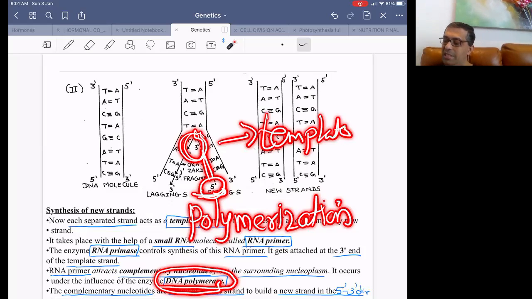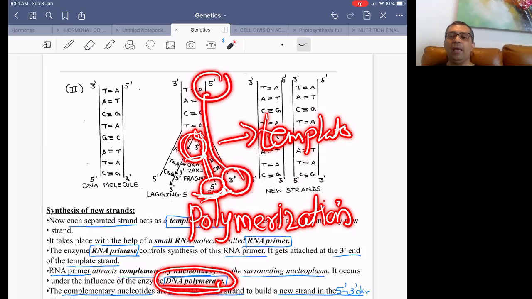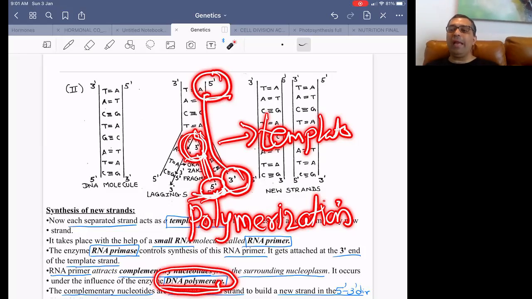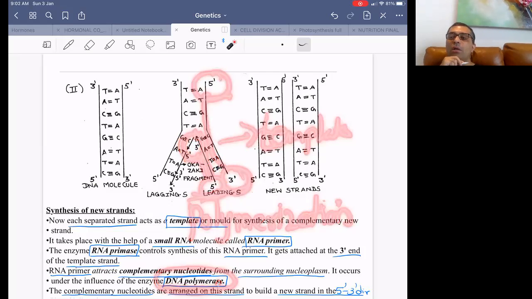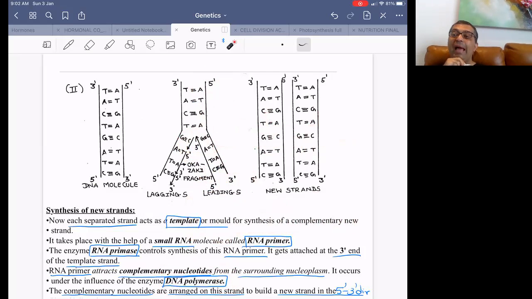So, if the new strand is formed in the 5-3 polarity, the template should have 3-5 polarity. That is correct. If the template has 3-5 polarity, then the new strand will have 5-3 polarity. But sir, there is a little problem.